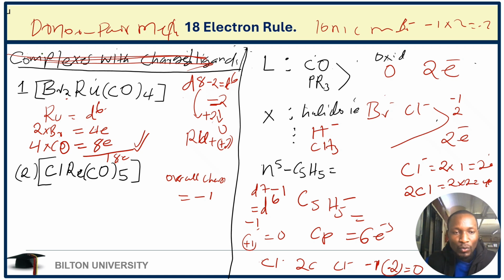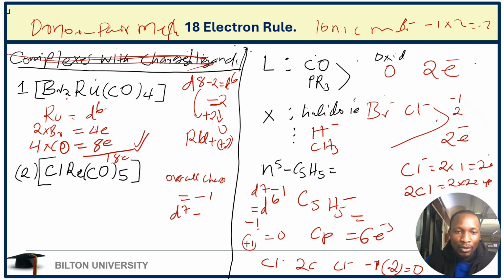Then it means that we need 1 electron from the rhenium metal so that we can balance this -1 to bring it to 0. So rhenium is in which group? Let's check. So rhenium is in D7. So we're going to have D7 minus.